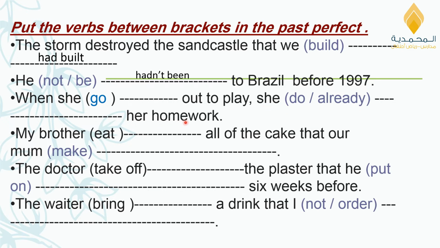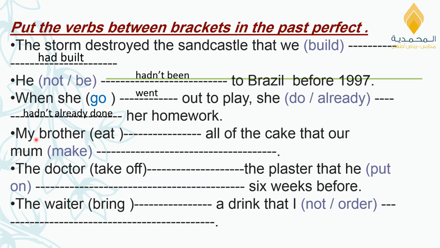So you have two blanks. When you have two blanks, okay, remember to see which is the event that happened first. Did she go out to play first or do her homework? Yes. So she did her homework first, then she went to play. That means we say when she went out to play, she had already done her homework.